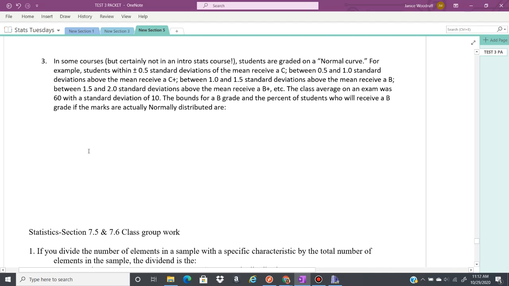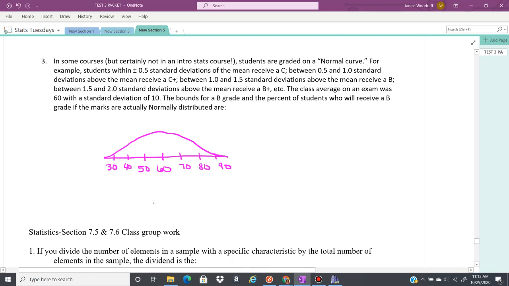So here, if I have a normal distribution curve, you've got a mean of 60 and a standard deviation of 10. So if I'm putting this on a normal distribution curve, here's my mean. So one standard deviation out would be 70, 2 would be 80, 3 would be 90, and then 50, 40, and 30.